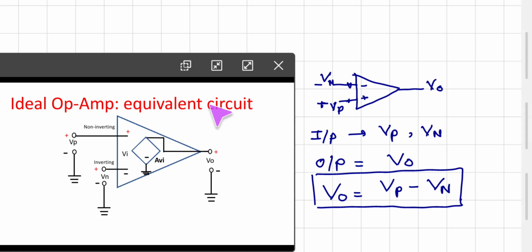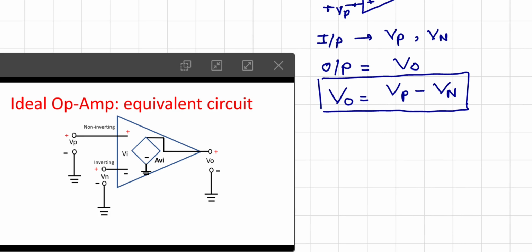So let us talk about an ideal Opamp, its equivalent circuit and its characteristics. In this figure, Vp is the input to the non-inverting terminal and Vn is the input to the inverting terminal. Observe carefully that between these two input terminals no resistance is shown. That means the resistance Ri between the positive and negative terminals is infinite.